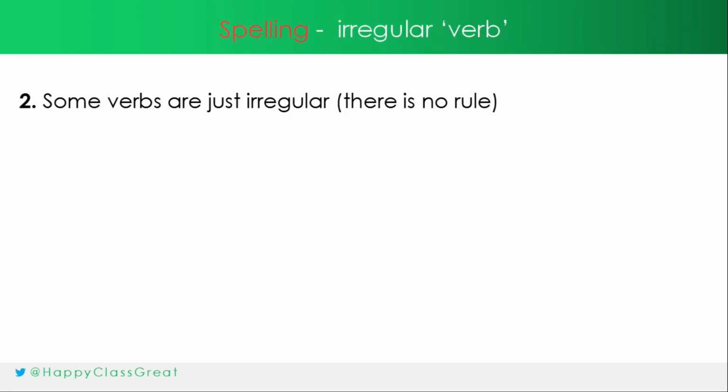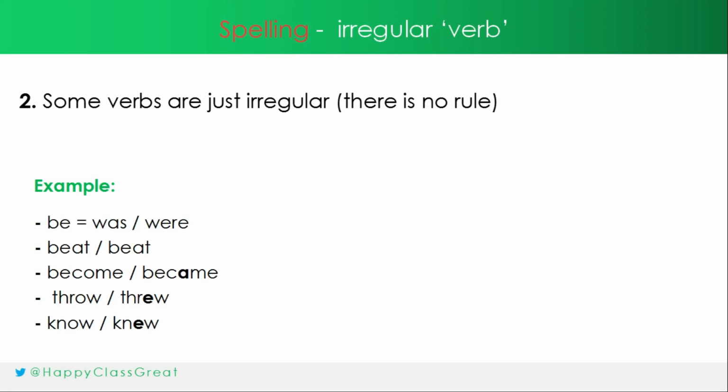So this is the main irregular verb. Some verbs are just irregular, that means there is no rule for it. An example is be. Now we want to use be, so was is the past tense of be, but you can only use it for a single person in the past.